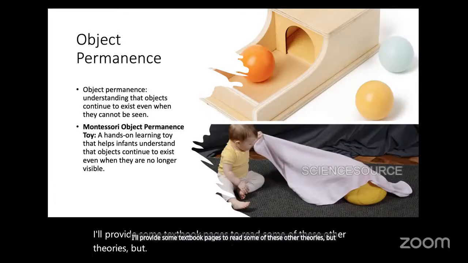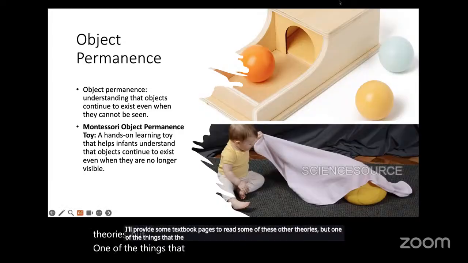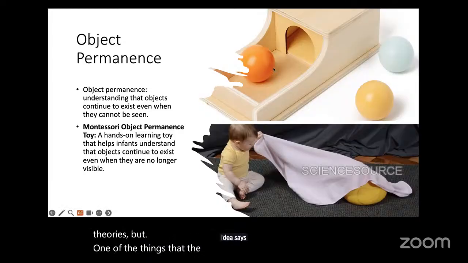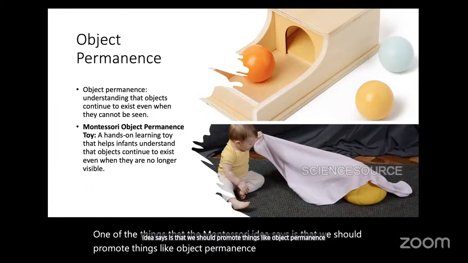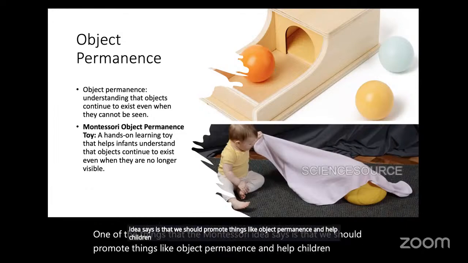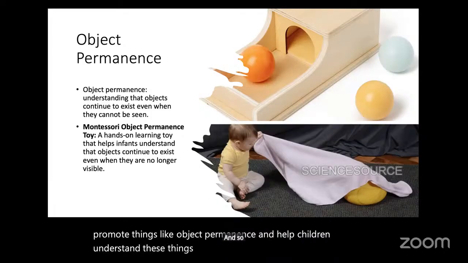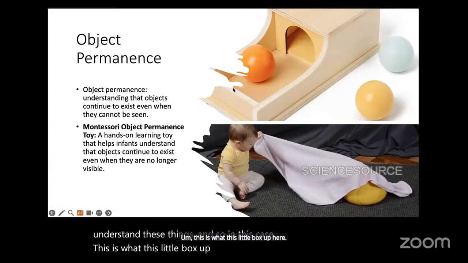But one of the things that the Montessori idea says is that we should promote things like object permanence and help children understand these things. And so in this case, this is what this little box up here helps a child understand.